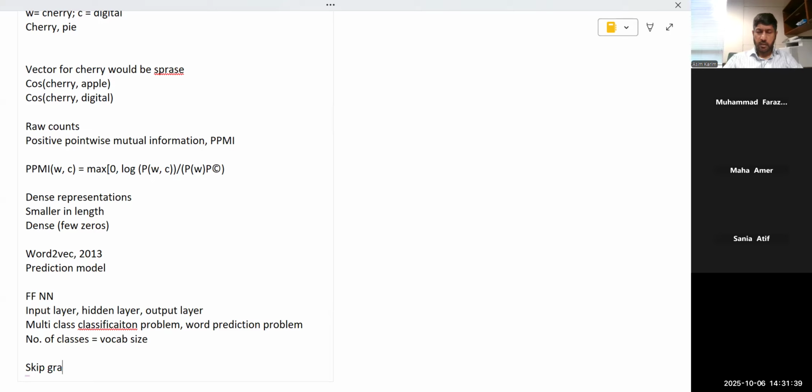These names are not very intuitive, but if you go deeper you will find why they were named this way, but we won't go into that. The other was continuous bag of words, which we also call CBOW. The two approaches are almost identical, with only a slight difference. We will focus primarily on the skipgram, and I will tell you later what CBOW does.